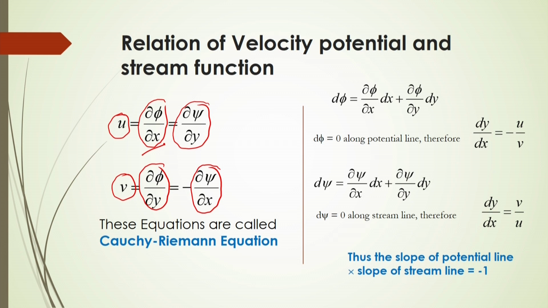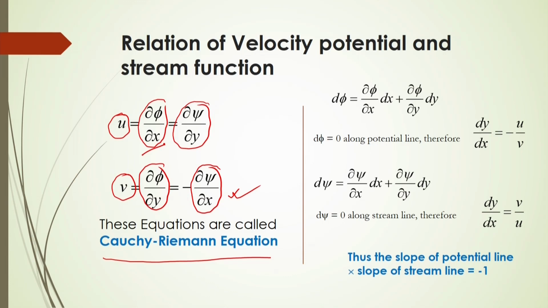Cauchy-Riemann equations, and they represent the relationship between velocity potential and stream function. From these equations, once you know psi and phi you will be able to calculate the velocity, and also if you know the velocity you can get psi and phi.